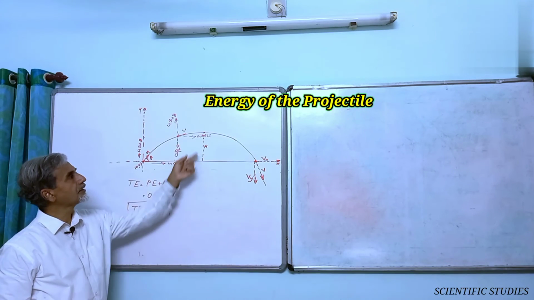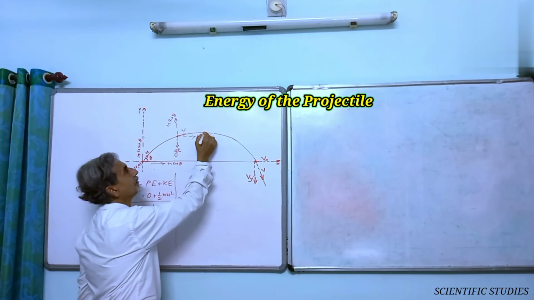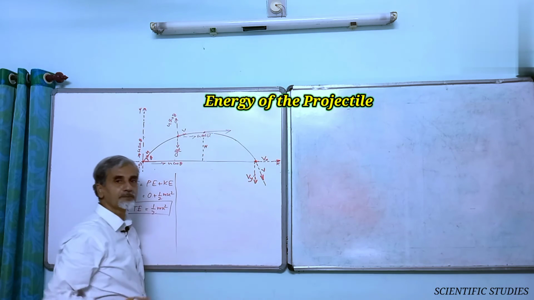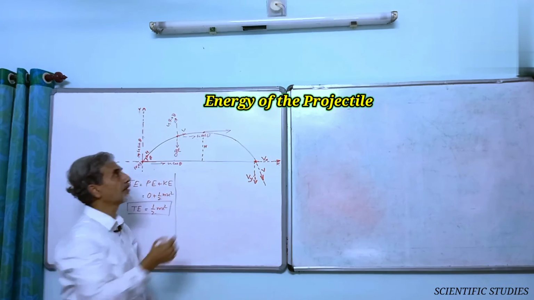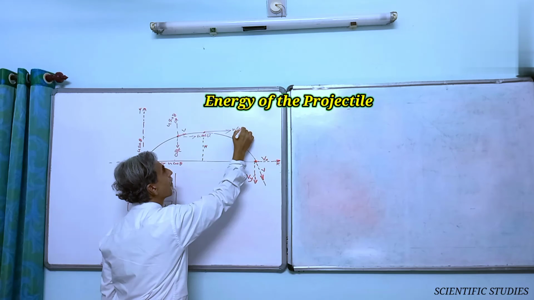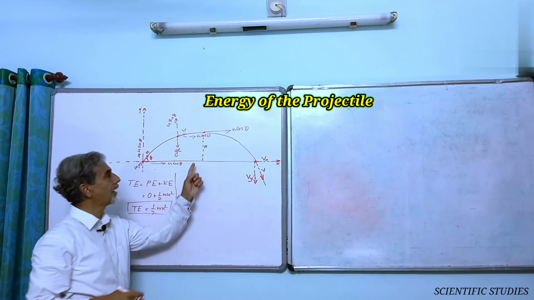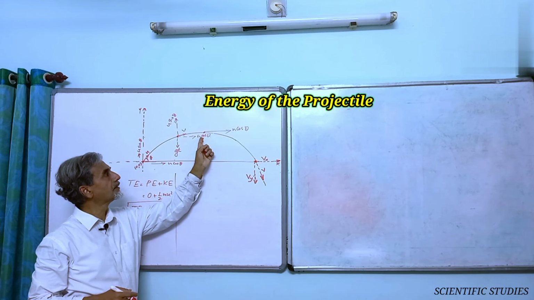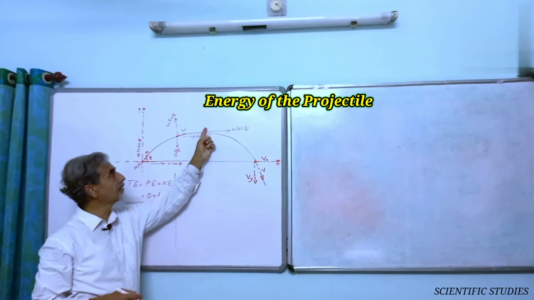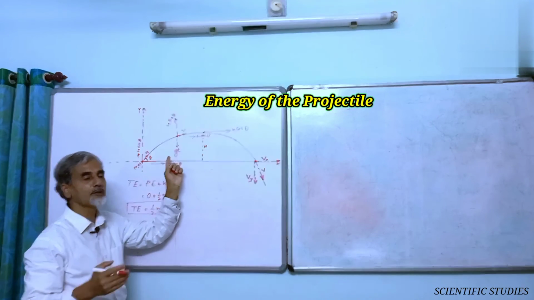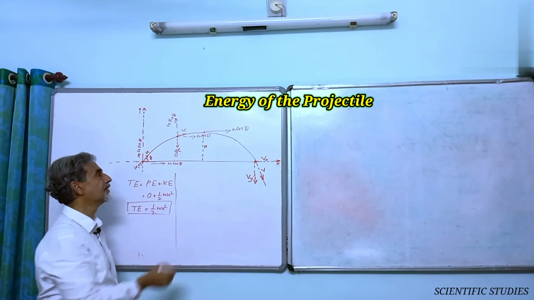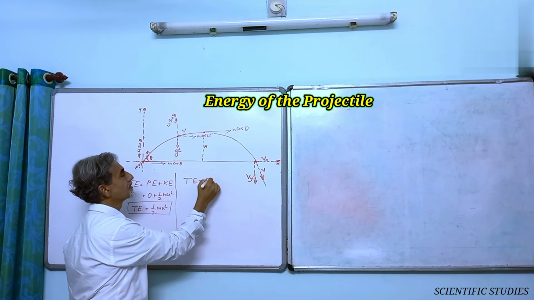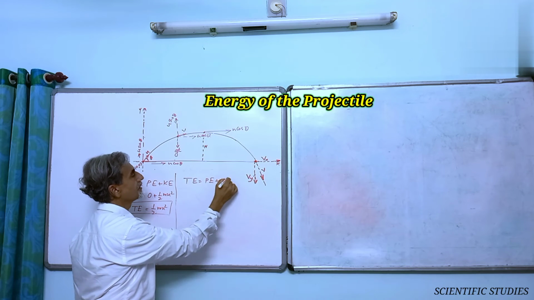And when the body reaches the maximum height, it has no vertical component of velocity, the u sin theta turns to 0, but the body has a horizontal component, that is u cos theta, and the body is at a height from the ground surface. So when the projectile reaches the maximum height, it has both potential energy and kinetic energy. So at the maximum height, total energy is equal to potential energy plus kinetic energy.